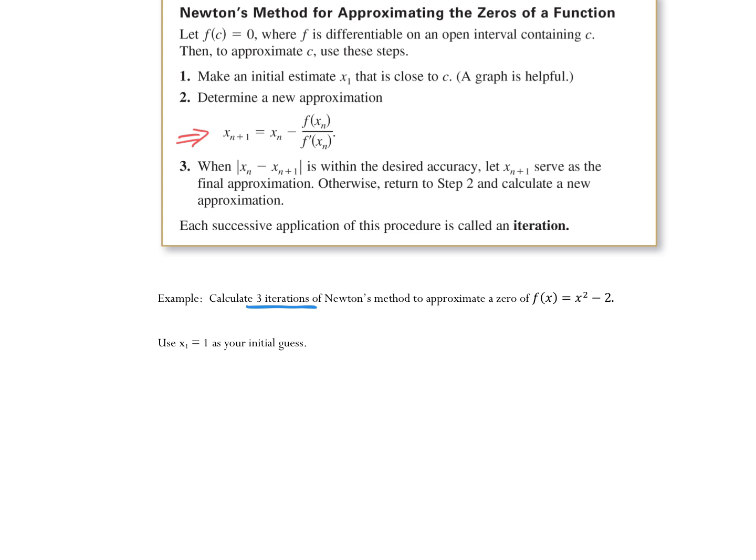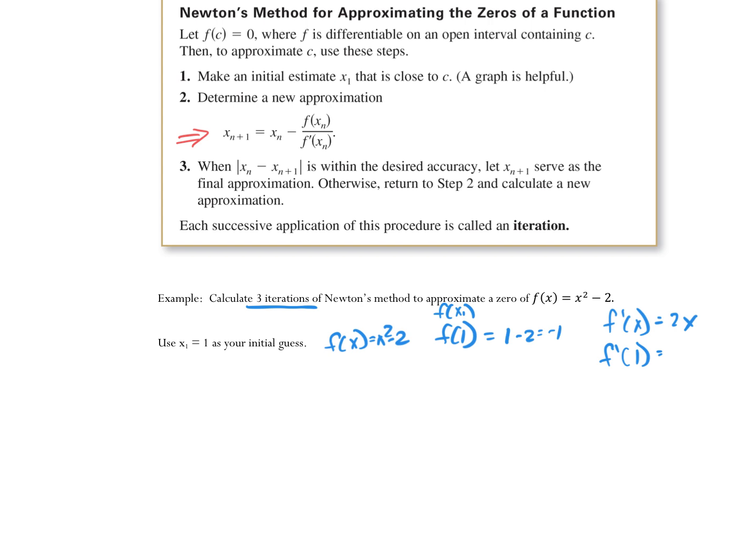So as I look at this, if I have f of x equals x squared minus 2, then f of x1 would be f of 1, which would be 1 squared minus 2, so negative 1. And then we would take our derivative, which is 2x. So f prime of x1 is f prime of 1.